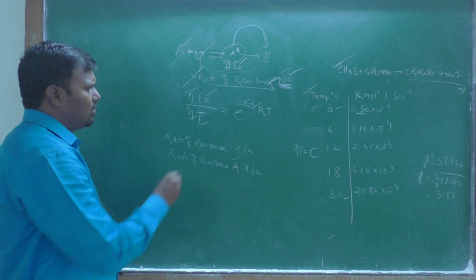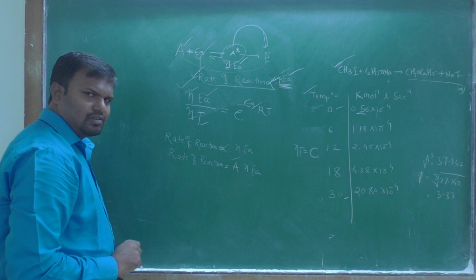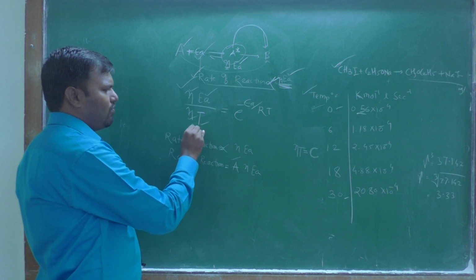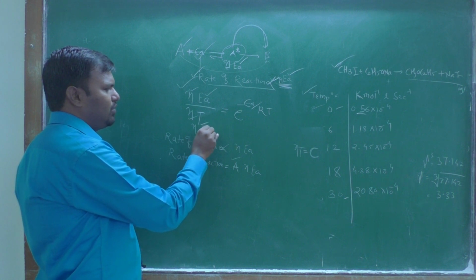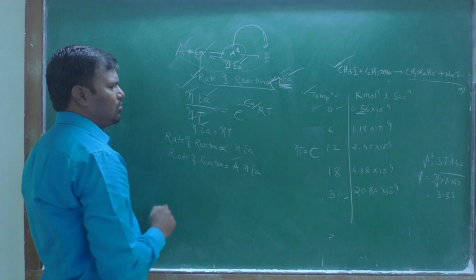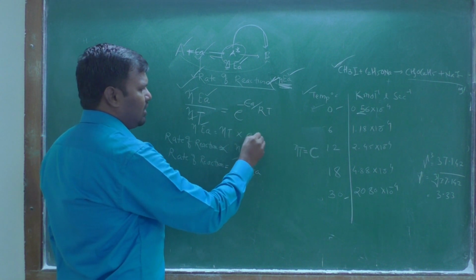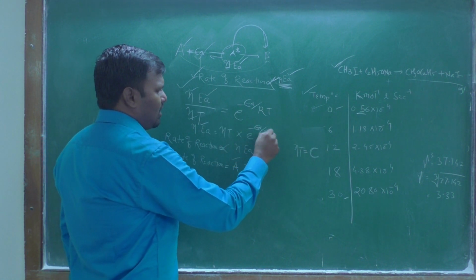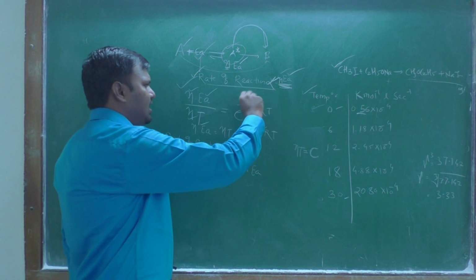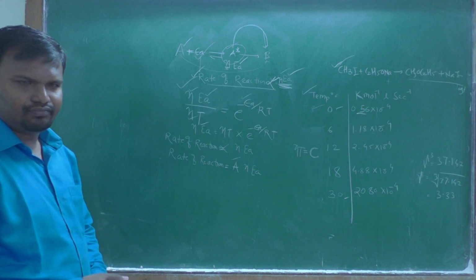Now, in the Boltzmann equation, the number of activated molecules is equal to the total number of molecules, NT, into e raised to minus Ea upon RT. R is the gas constant and Ea is the activation energy.